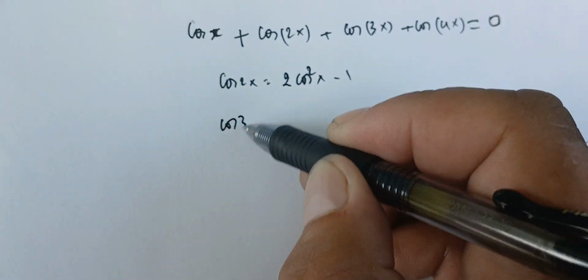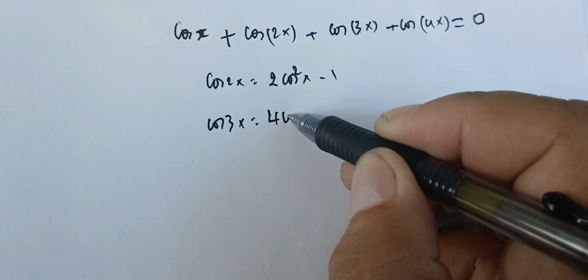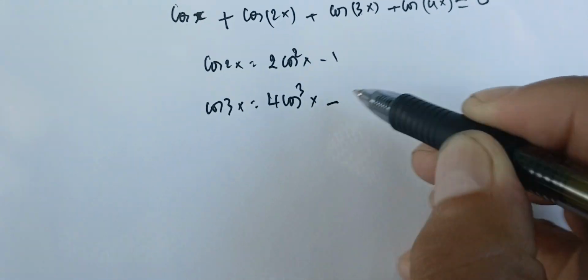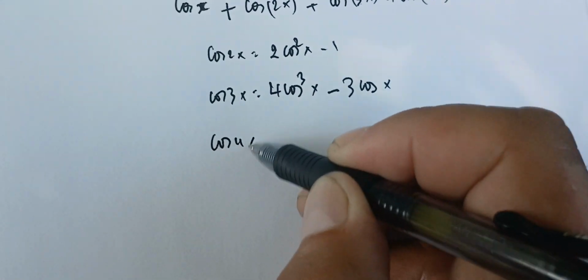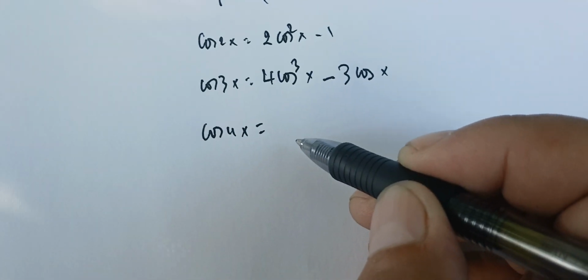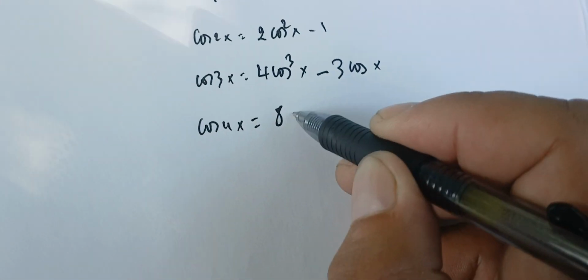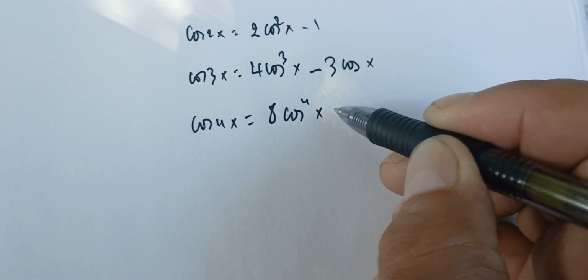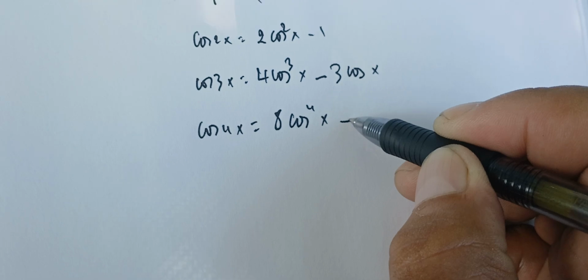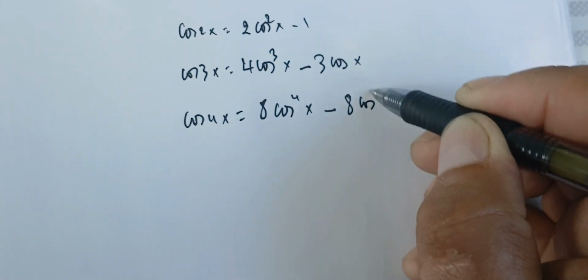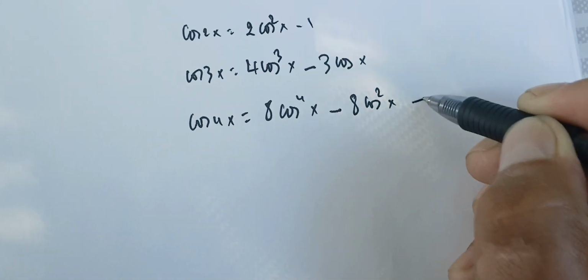Cosine of 3x is 4 cosine cubed of x minus 3 cosine of x. And the cosine of 4x, I have shown, is 8 cosine to the power 4 of x minus 8 cosine squared of x plus 1.